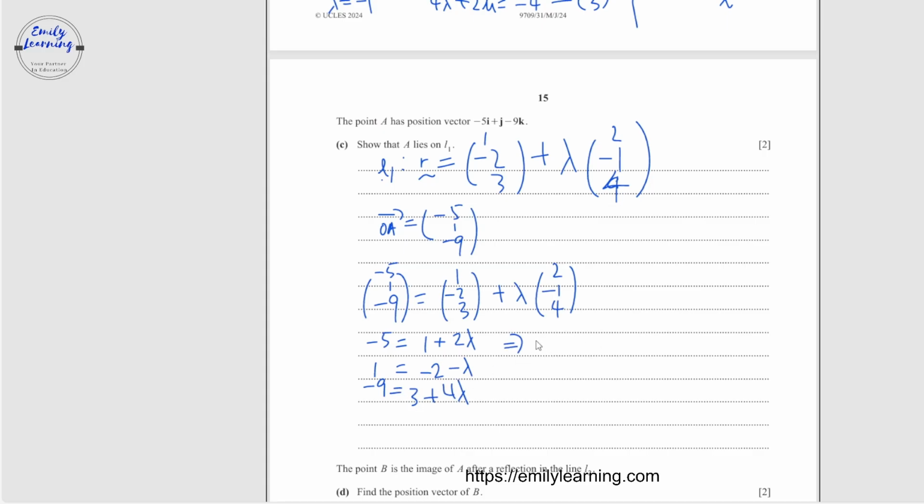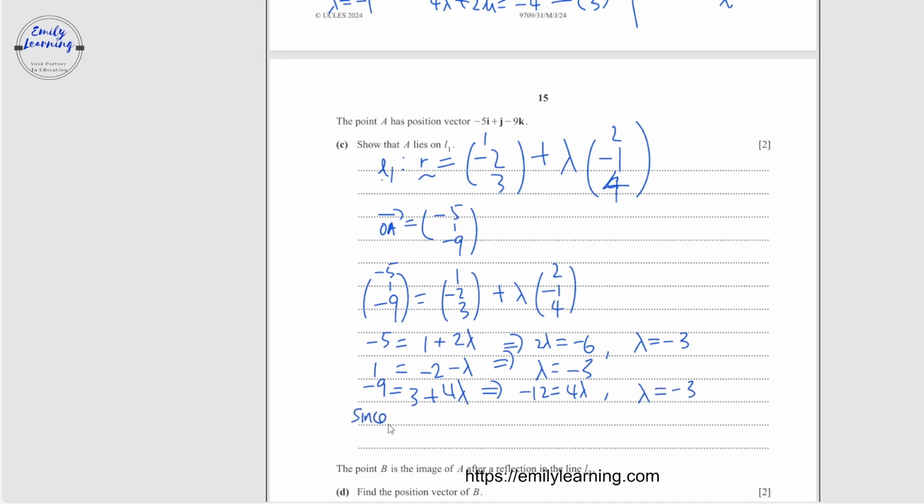So here 2 lambda equals minus 6, lambda equals minus 3. Then from here I also know that lambda equals minus 3. Similarly, here minus 12 equals 4 lambda, so lambda equals minus 3.